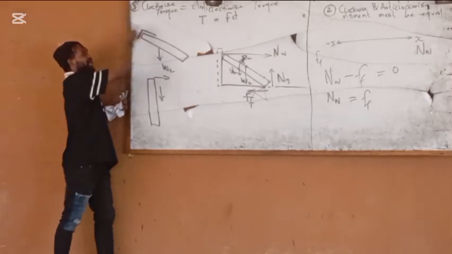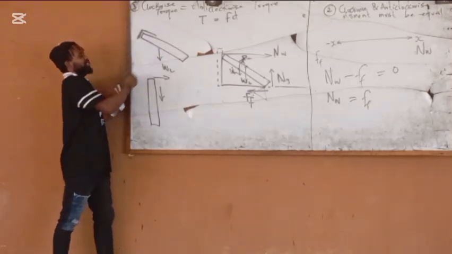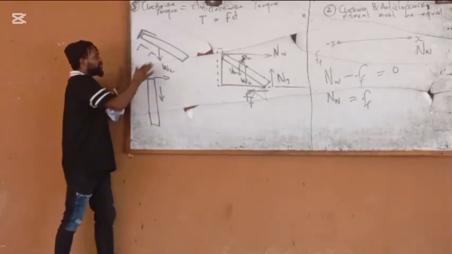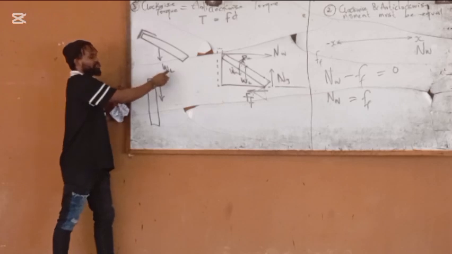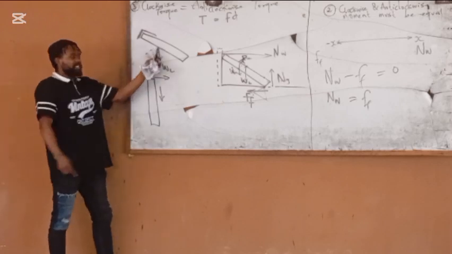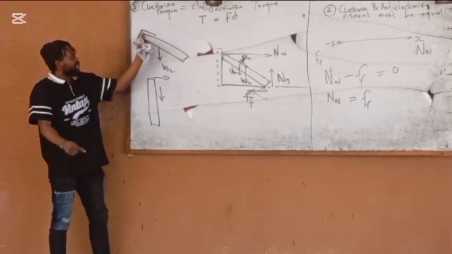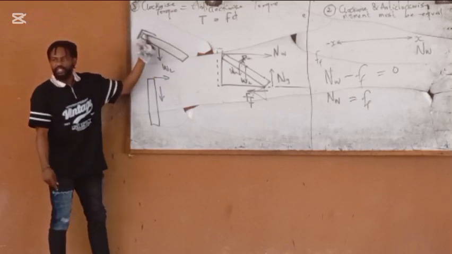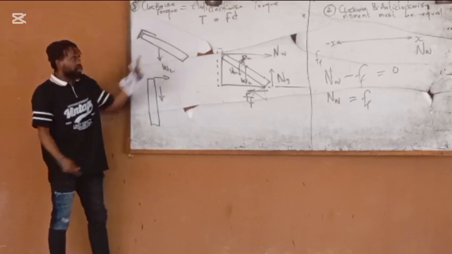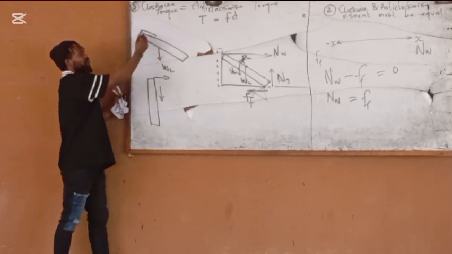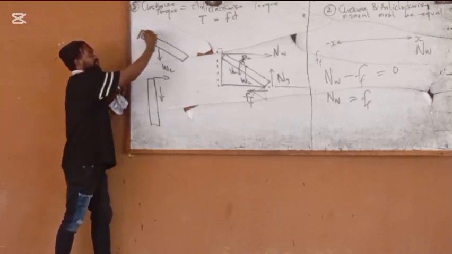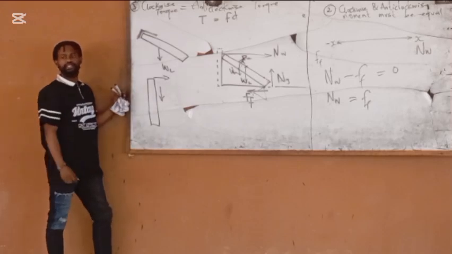Now notice that as you bend it, this is what you have for the ladder. Is it not true? So this weight you are seeing here is acting downwards at 90 degrees. But for this ladder, this force component here is not at 90 degrees. If you want it at 90 degrees, you have to point the force in such a way that by the time you place the ladder straight, these two give you 90 degrees.